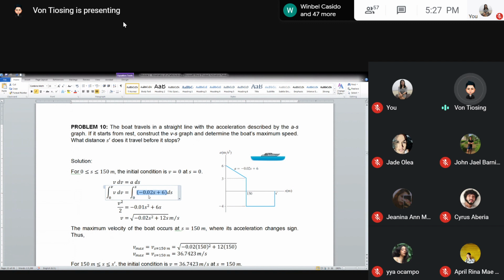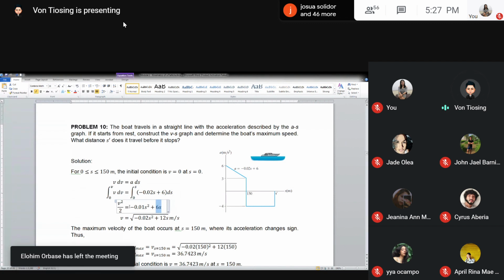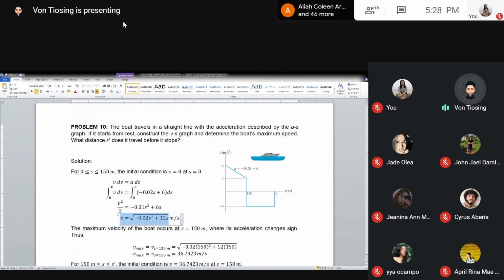So we are going to integrate this: negative 0.02s squared over 2 kaya naging negative 0.01s squared plus 6s. On the other hand, this will become v squared over 2. Reviewin niyo yung differential and integral calculus niyo, no? So multiplying by 2, we have velocity equals the square root of negative 0.02s squared plus 12s.